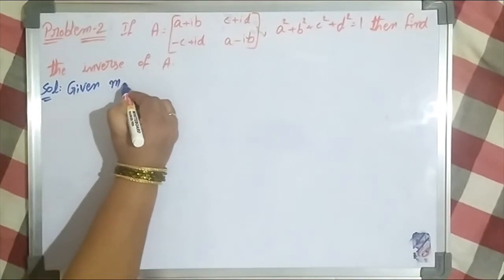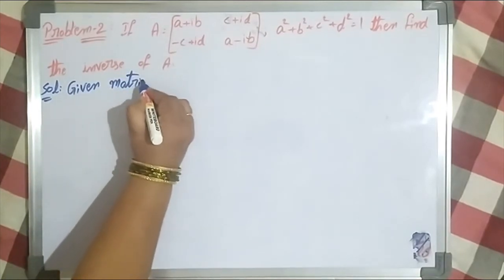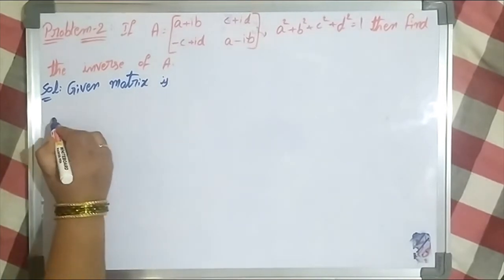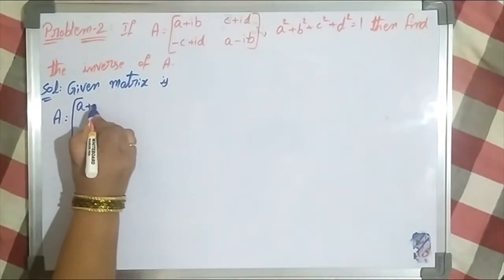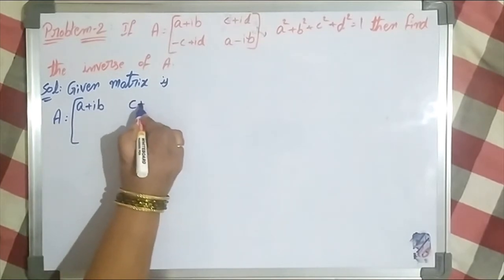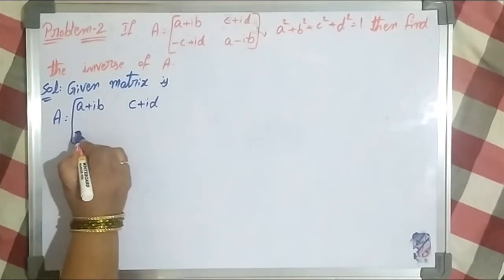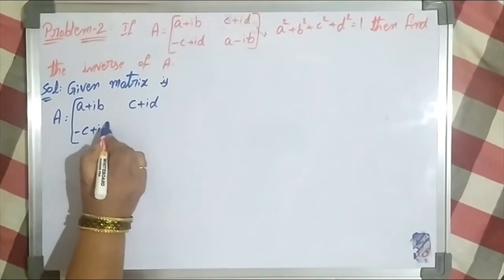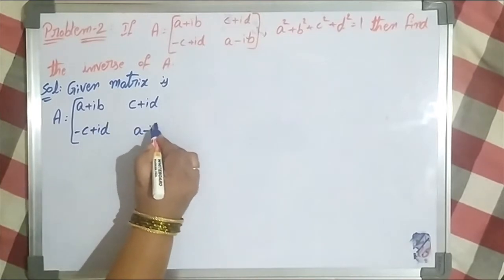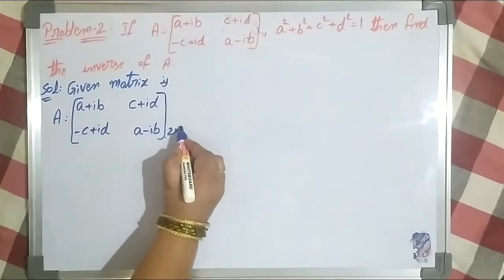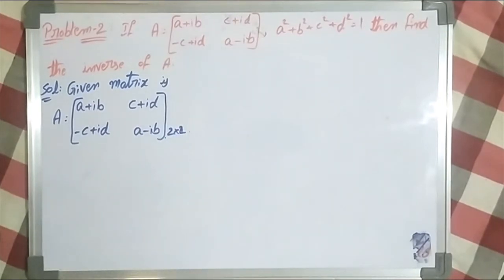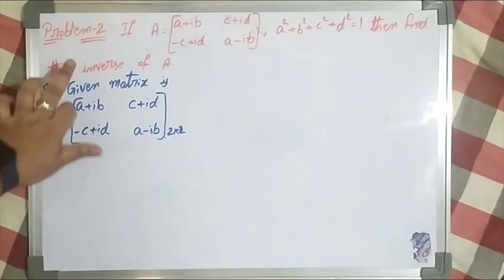Given matrix is A equal to [a plus ib, c plus id; minus c plus id, a minus ib]. This is a given matrix of order 2 by 2. First we have to find the inverse of A.